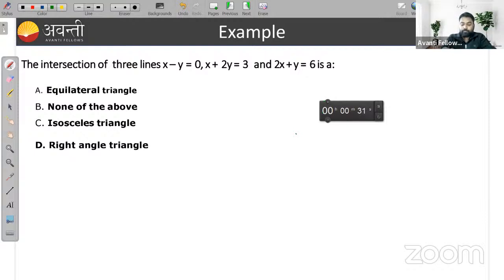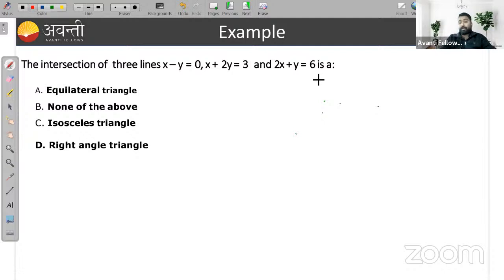You have 30 seconds more. Anyone got the answer? Please respond in the chat box if you are getting the answer.